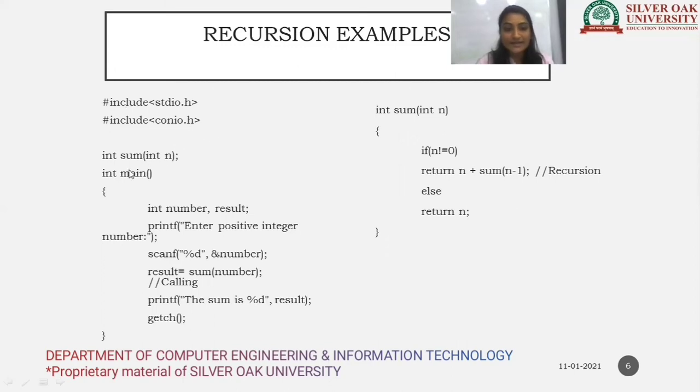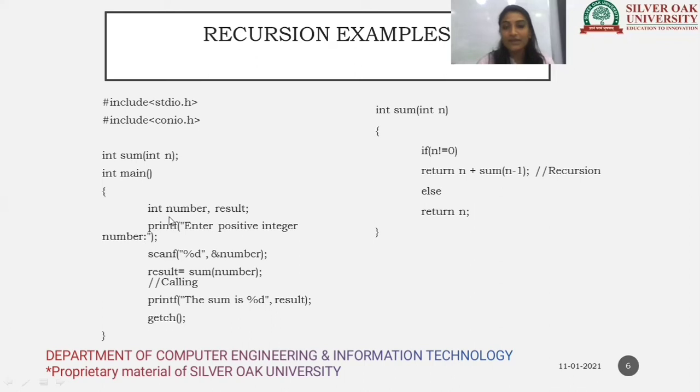So let us understand this program. This is the function declaration part. Then in the main method, we call this function, but we want to take the input from the user. So first of all, we take the value from the user, and we want to return the sum of the values up to that number.